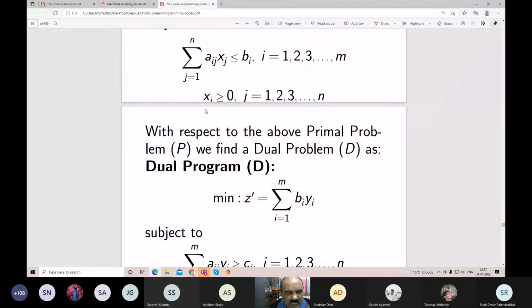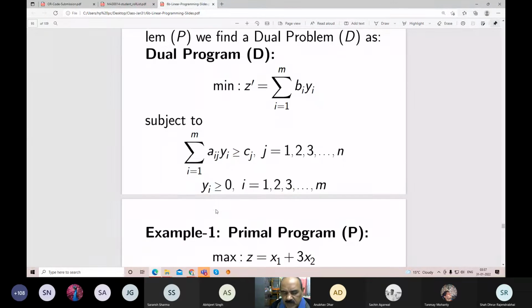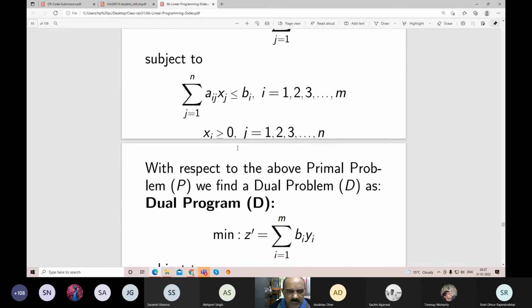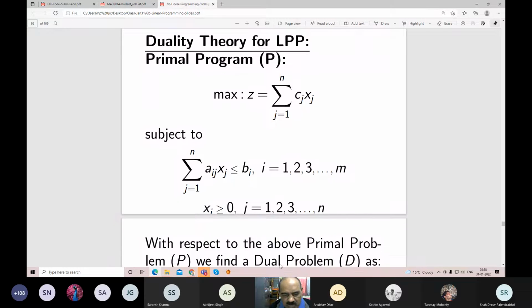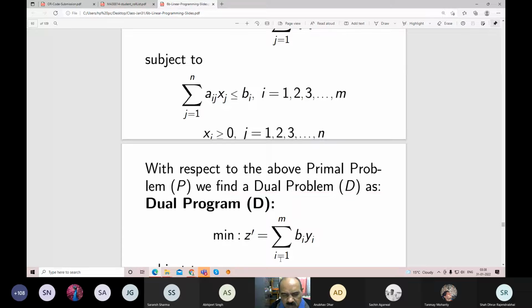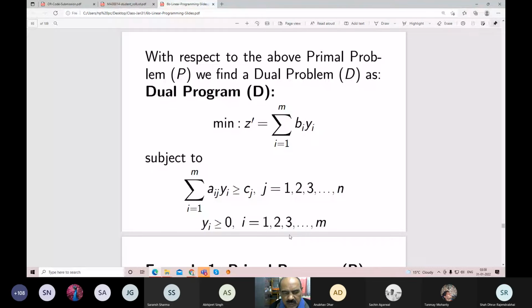The primal variables are xj, j varies from 1 to n, and dual variables are non-negative, i varies from 1 to m. This primal and dual, whatever you are getting, this is a symmetric problem. Symmetric means all the primal variables are non-negative, all the dual variables are non-negative. This is symmetric. X non-negative, y non-negative. Primal objective function is maximization type, dual objective is minimization type. Primal constants are less than equal type, dual constants are greater than equal type.